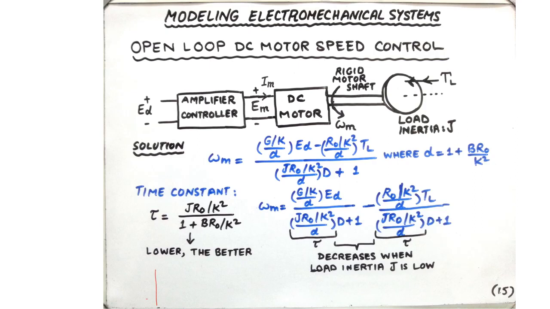So for example, if this is some threshold that the motor speed omega m needs to attain, we know that the speed of the motor is not going to instantaneously reach its steady state value. Rather, it is going to take some time, and this time tau over here, which defines 63% of its maximum value, defines the time constant.